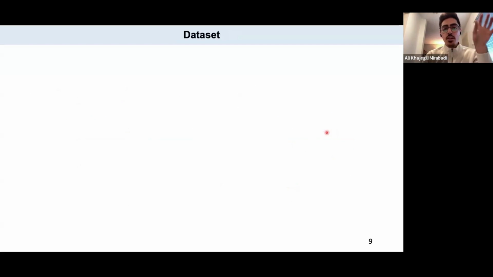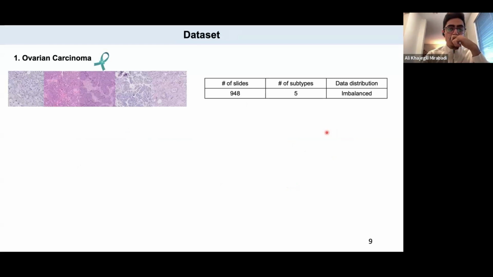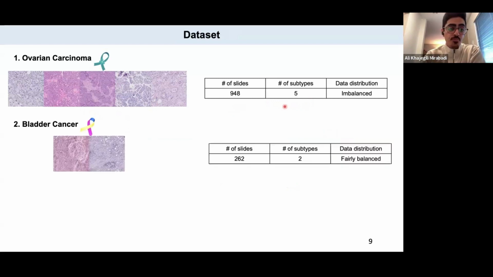So to test this idea and this model with this property, we chose 3 different data sets. One is ovarian carcinoma with 5 histotypes and almost 950 slides, which is a really imbalanced data set with the HGSC being around 72% of the data.